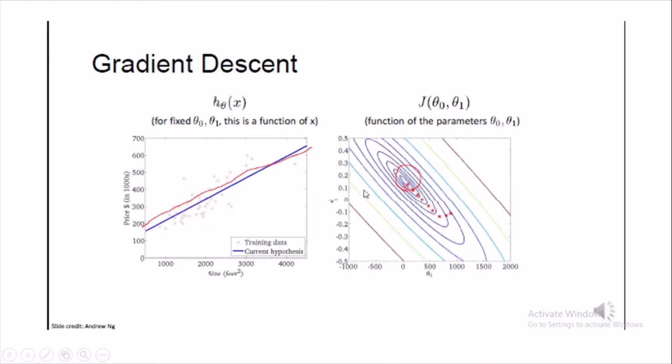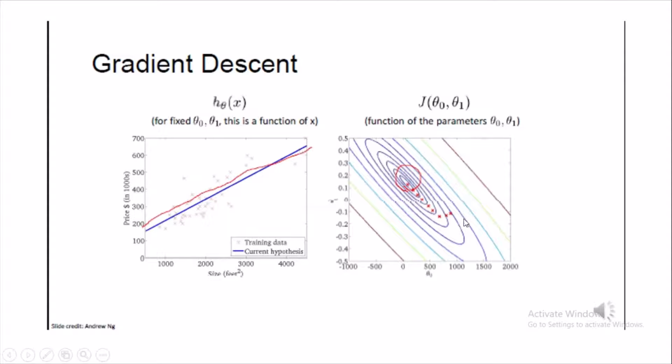The intuition behind this function: the contour plot represents the same value of the function with theta 0 and theta 1. If the value of the J function is equal to 1, the same value will be obtained at the hypothesis function.